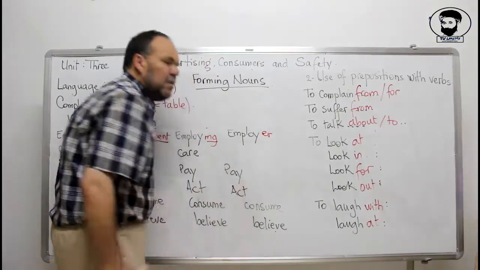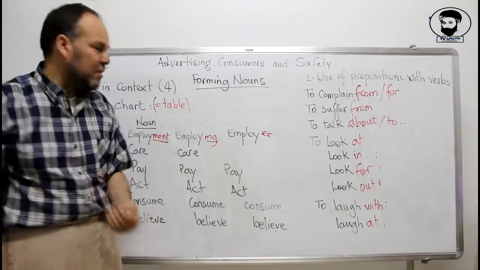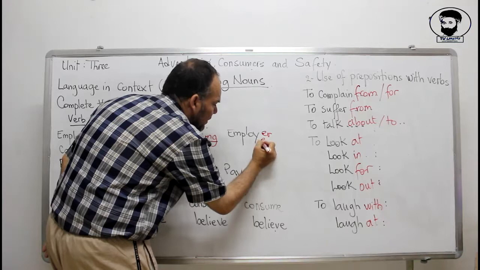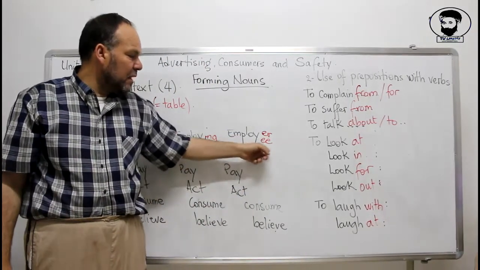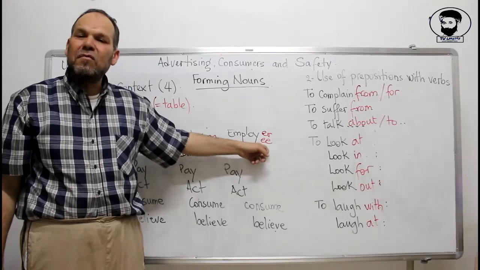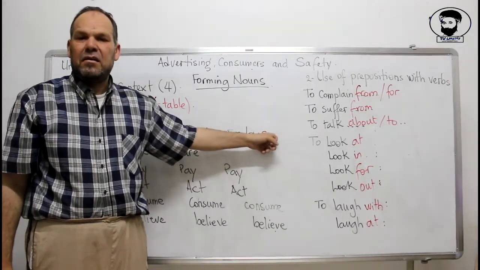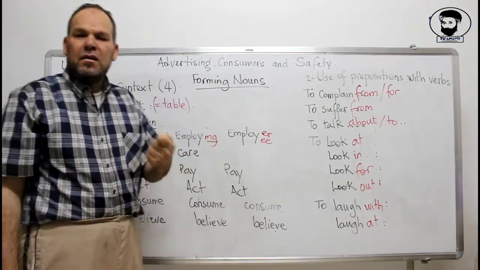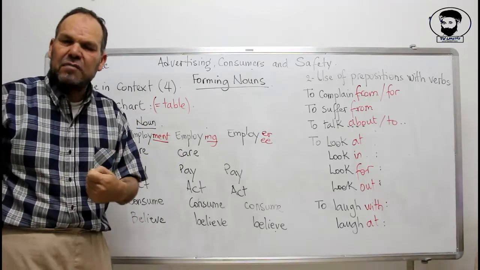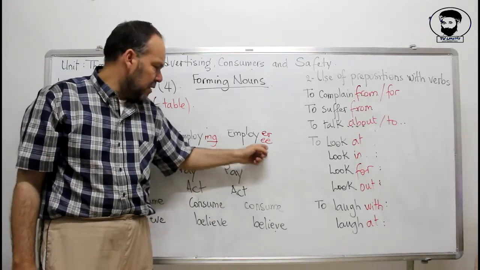An employer is a person who gives the job. A person who receives the job is called in English an employee, a synonym of worker. Employer is a synonym of businessman, a person who can give jobs to people. The person who receives or gets the job is called an employee or a worker in English.